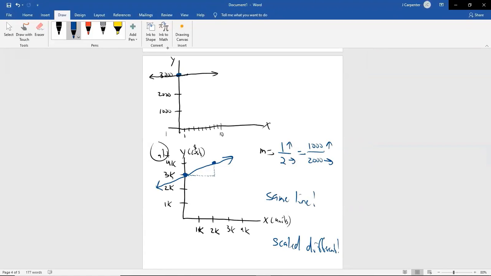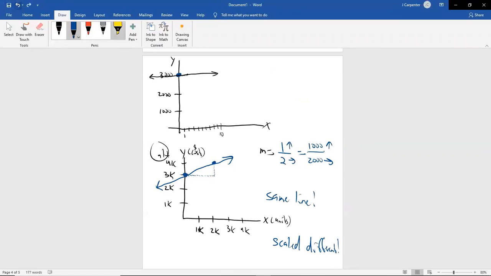Now, when you do something in Excel, it's going to automatically scale something, and maybe it makes it look like that. But you can go back in and edit the graph in all the Excel ways that I'm not going to sit here and talk about for 15, 20 minutes. Go back to the beginning of the semester for that. And then you can make it look flatter, or you can make it look steeper.